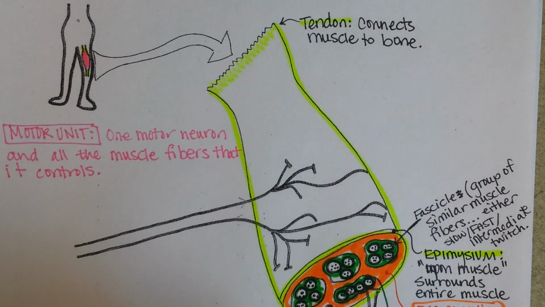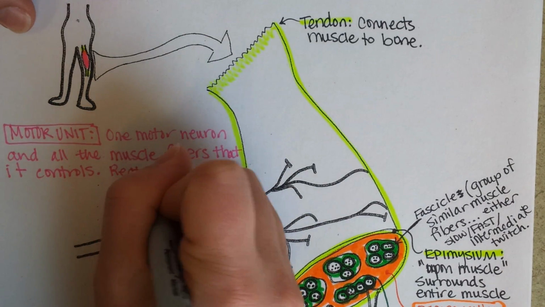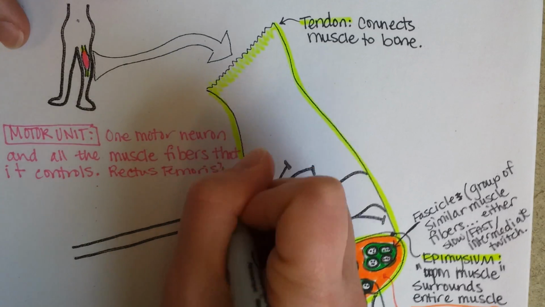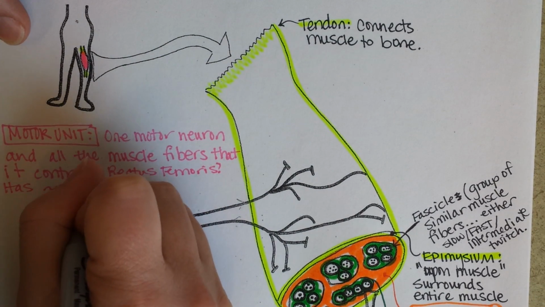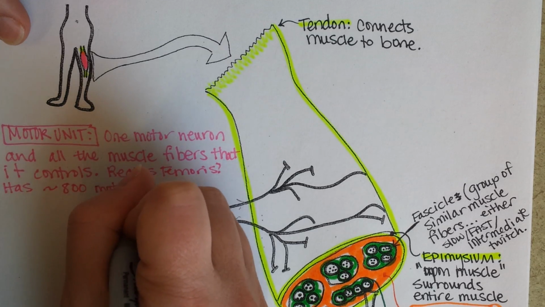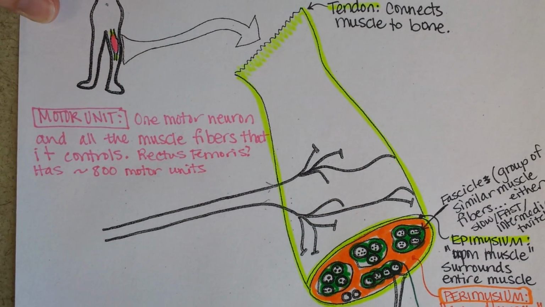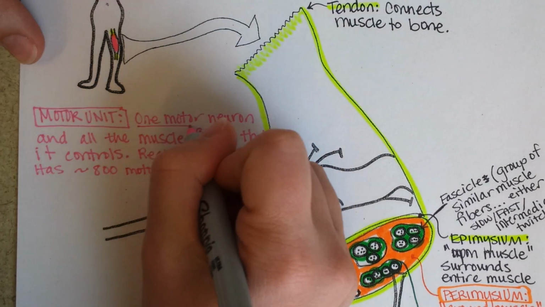So the rectus femoris may have 800 motor units. And what that means is that it has 800 motor neurons going to it.